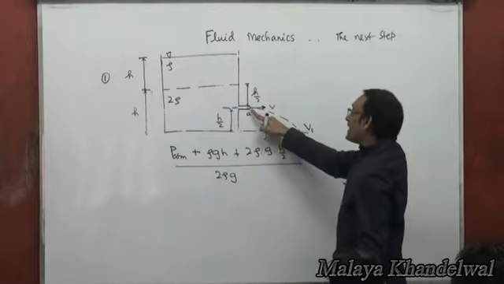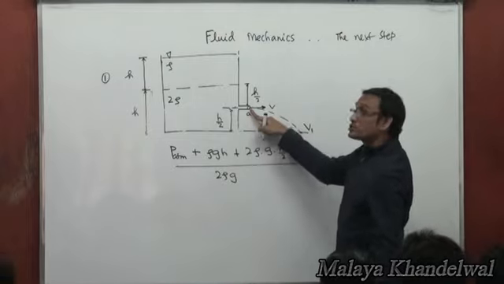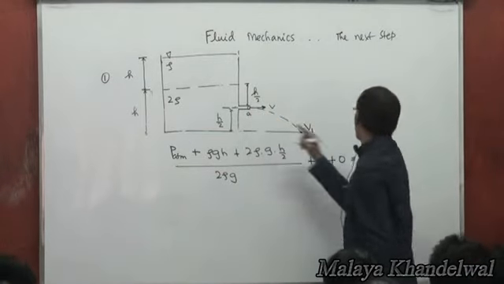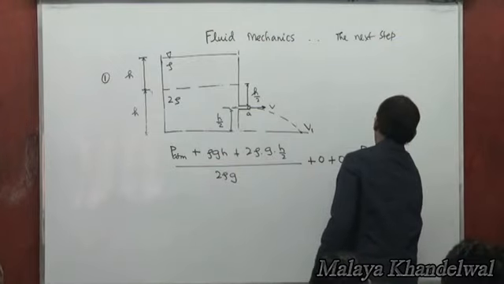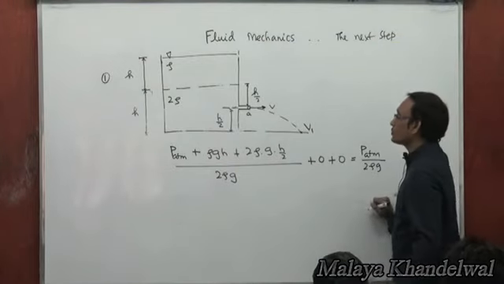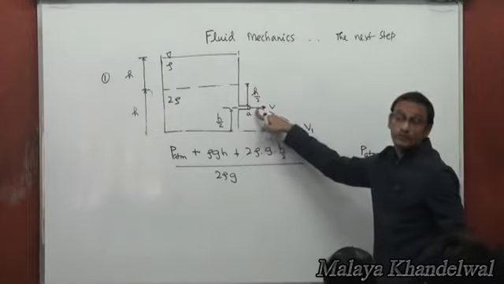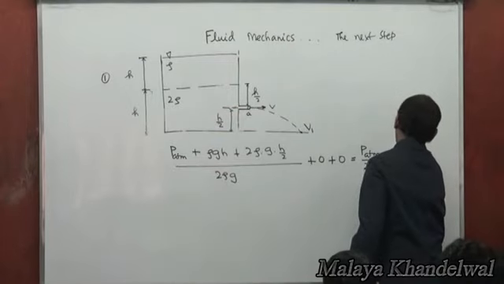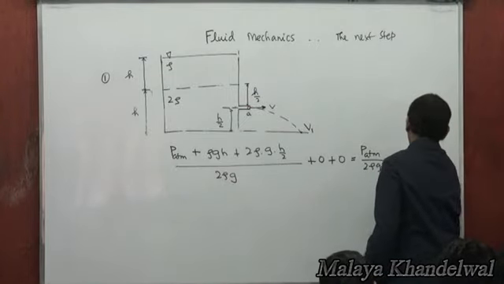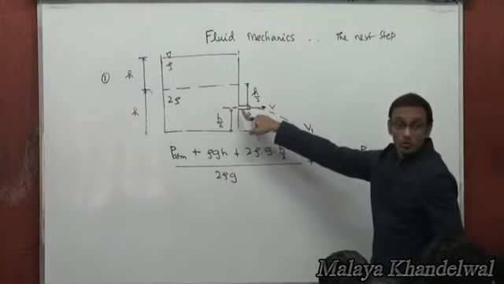That must be equal to the value at the exit. At the exit, the pressure is P atmospheric by 2 rho g. The dynamic head is v squared by 2g. The datum is 0 once again here.